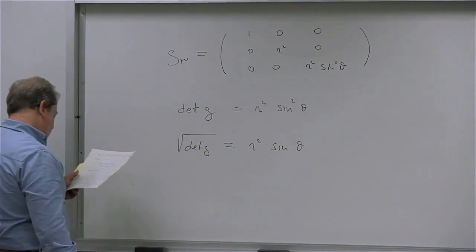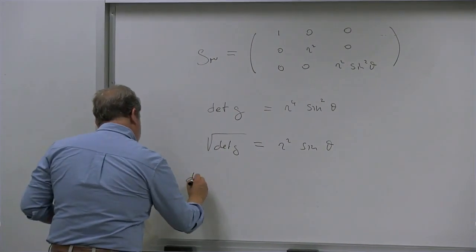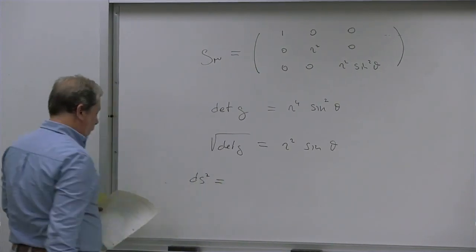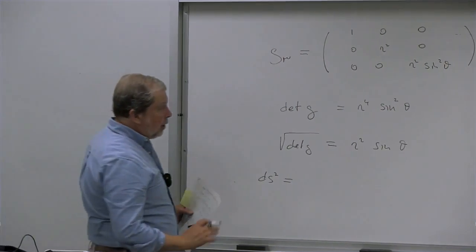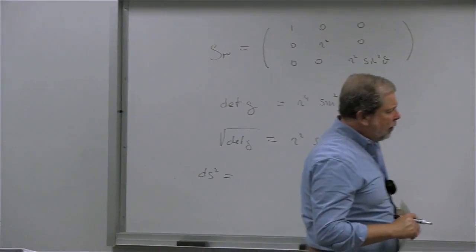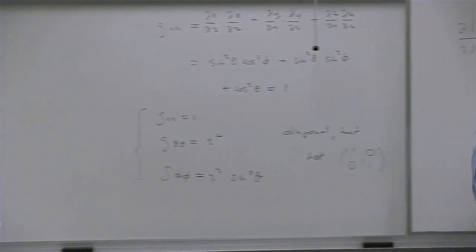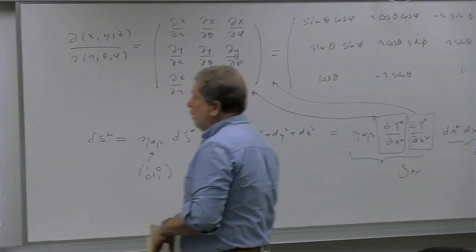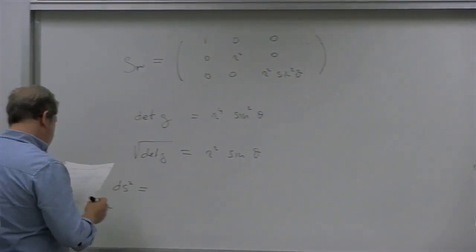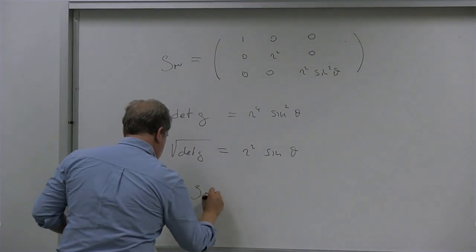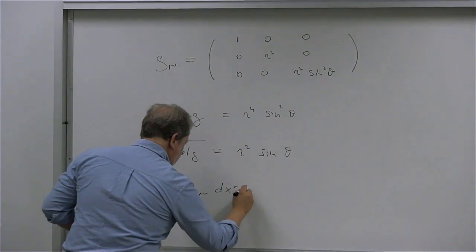And the invariant ds squared, which was equal to dx squared plus dy squared plus dz squared in the Cartesian case, is now slightly different because it has the form g mu nu dx mu dx nu.